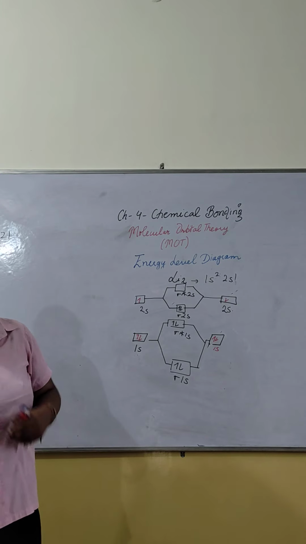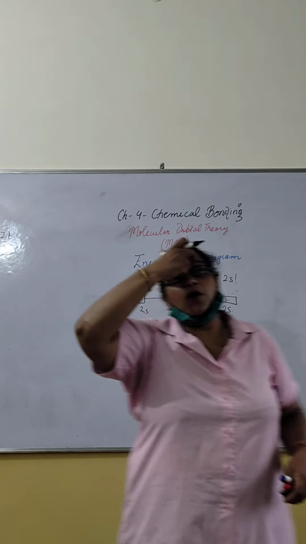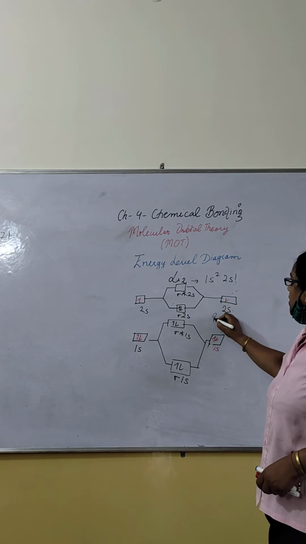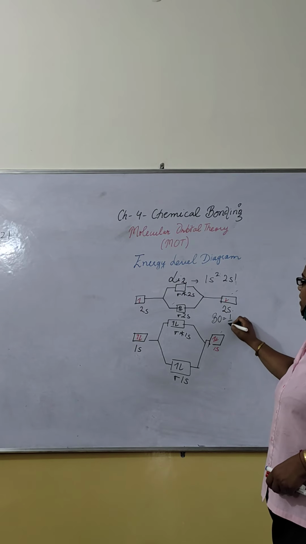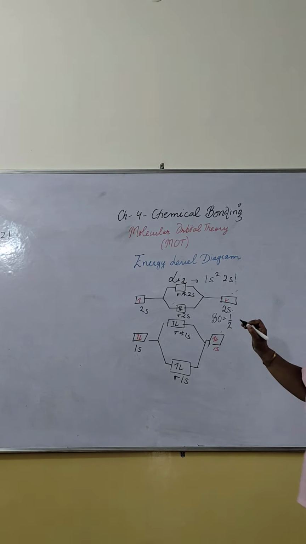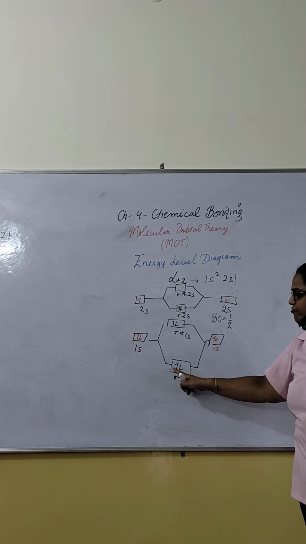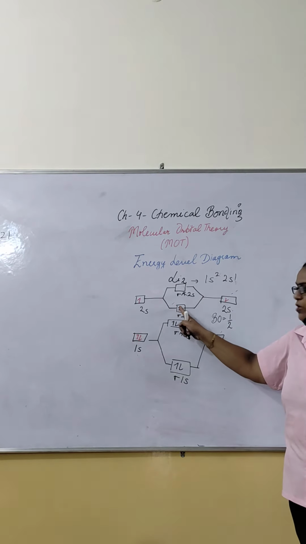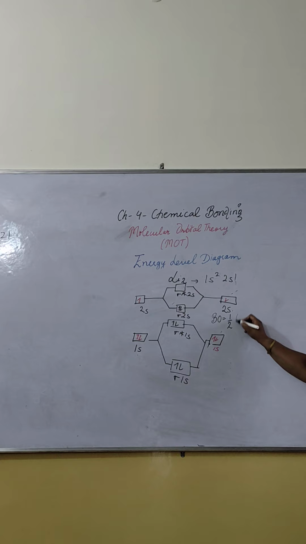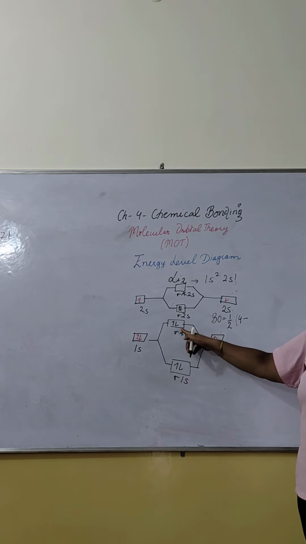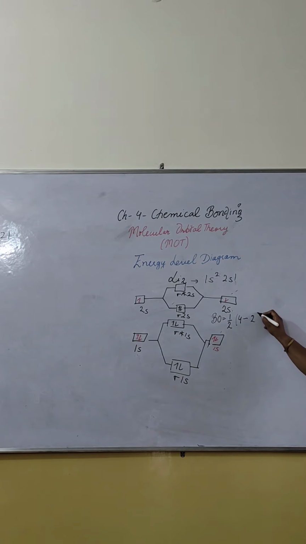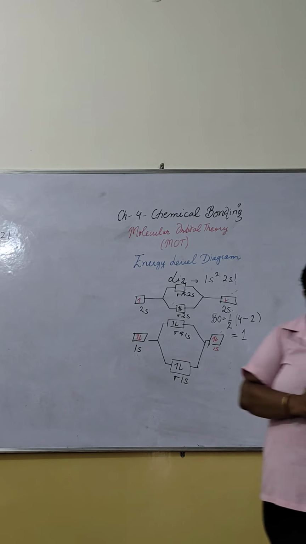Clear? Now how will you calculate the bond order? Bond order is half of 4 minus 2. How many bonding electrons? 1, 2, 3, 4. How many anti-bonding electrons? So it comes out to be 1. Can this molecule exist in nature?